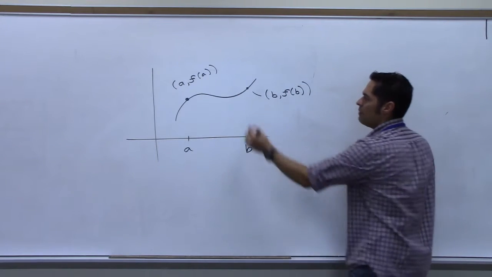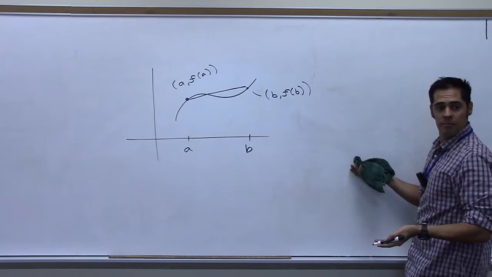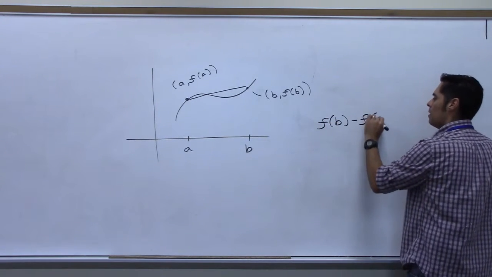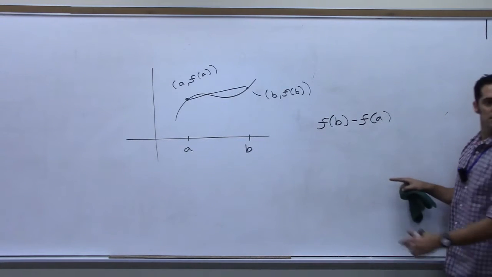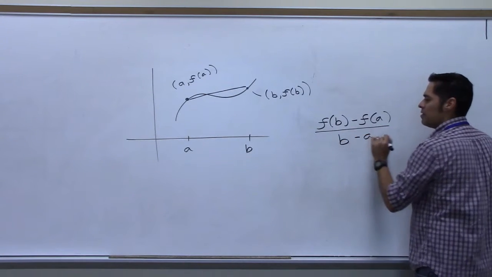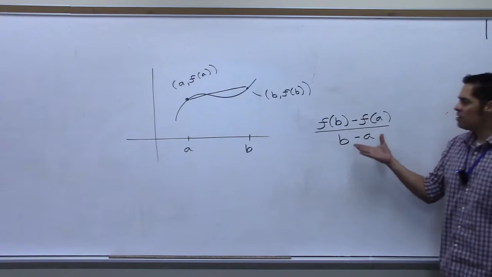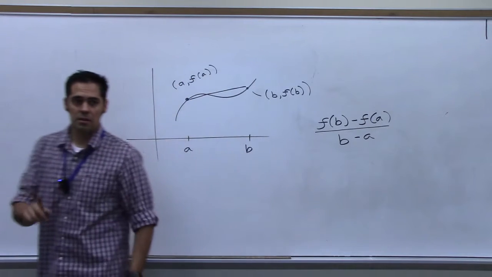To find the slope of this line, it's rise over run, which would be the difference in the y coordinates, f of b minus f of a, over the difference in the x coordinates, b minus a. This is the formula for finding the average rate of change of a function.